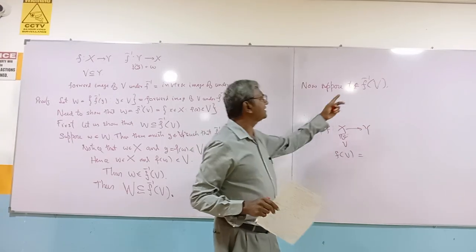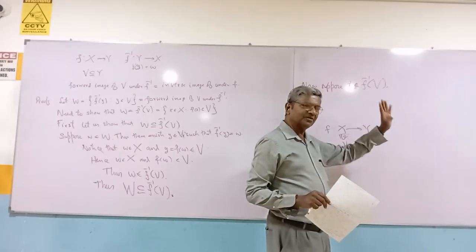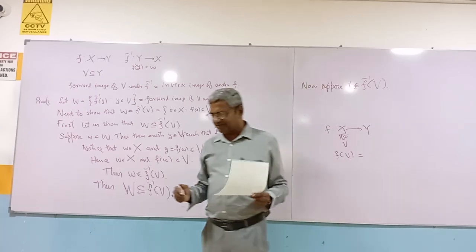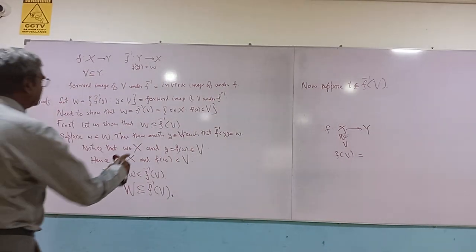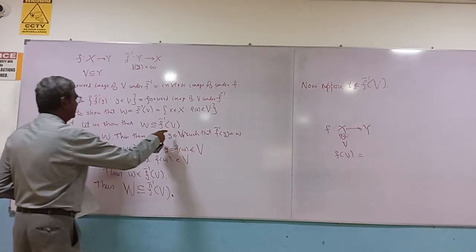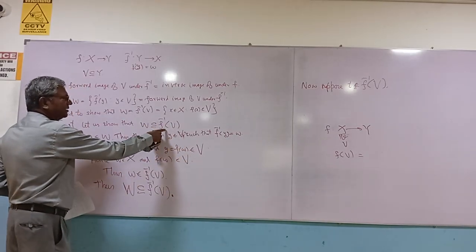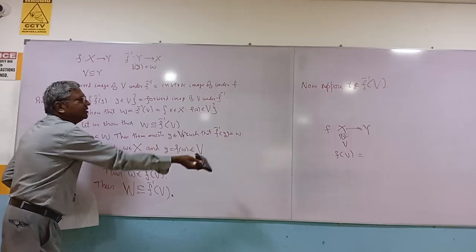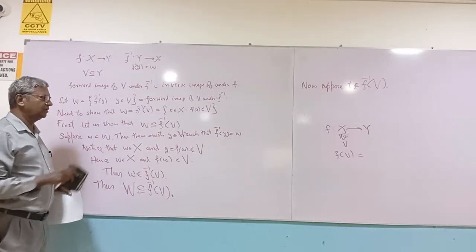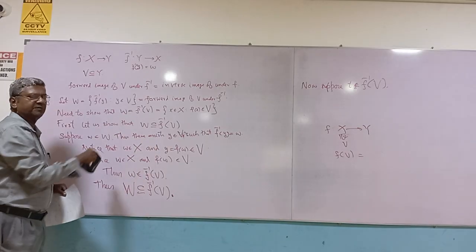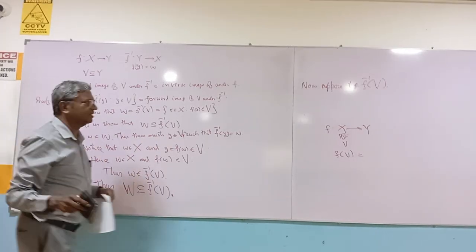Here it is not the forward image. So that's why this question is here. Here I wrote f inverse v to mean the pre-image of v under f: all those elements in x which map to v. That's what it means.